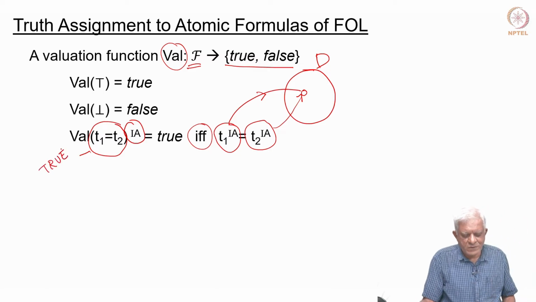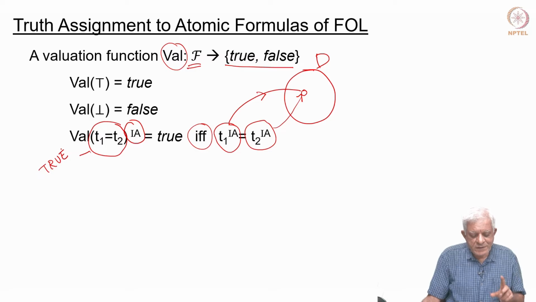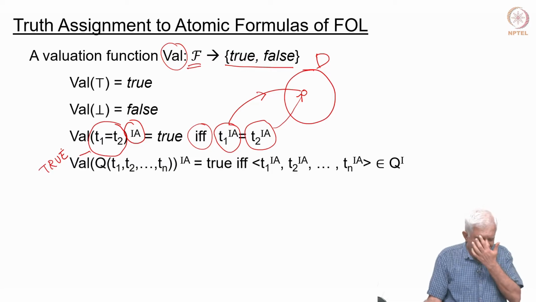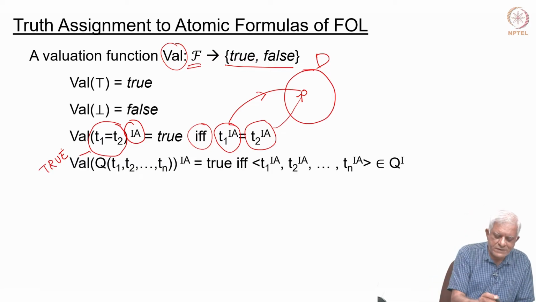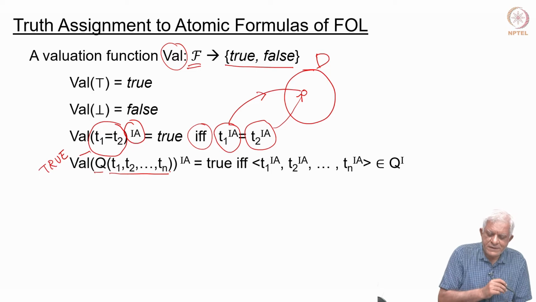Okay, so, we have figured out how to give truth value to this one kind of atomic formula. The second atomic formula we had was that if Q was a predicate name and T1 up to Tn were terms. In first order logic the arguments to predicates are always terms.